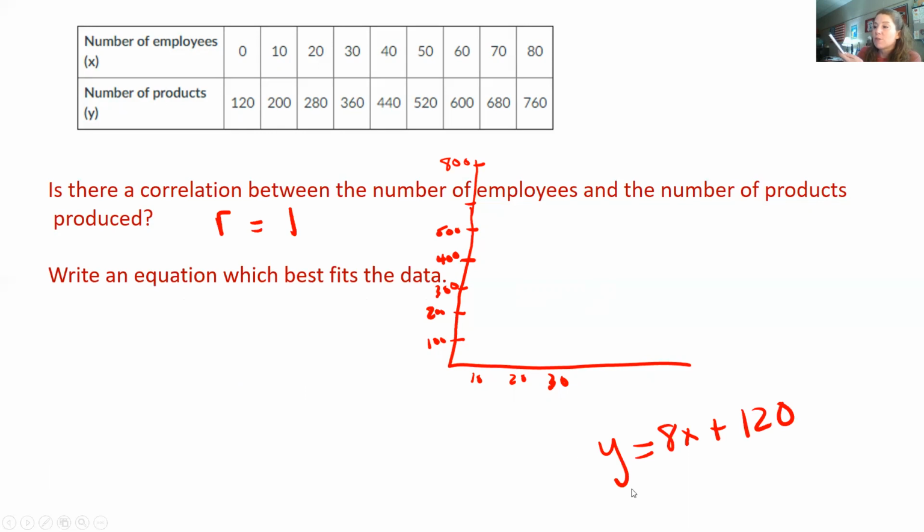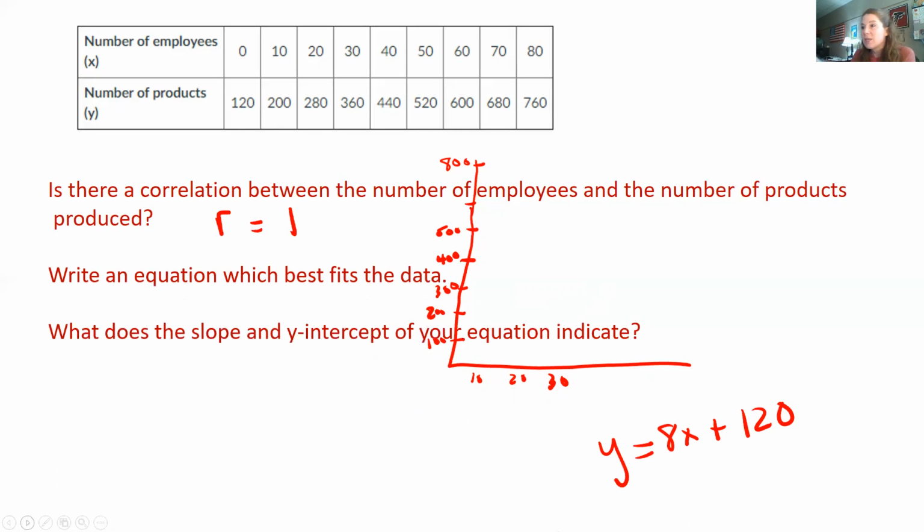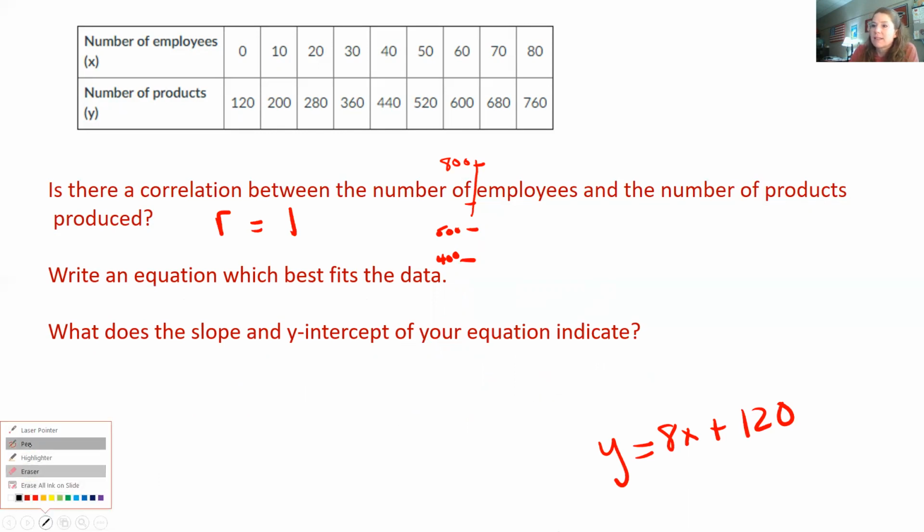So write an equation. Well, we've already done that, 8x plus 120. And what does the slope and y-intercept mean? Let me get rid of my little sketch of a scatter plot. All right, so the slope is 120. Excuse me, it is not. So the slope is 8. And what does it represent?